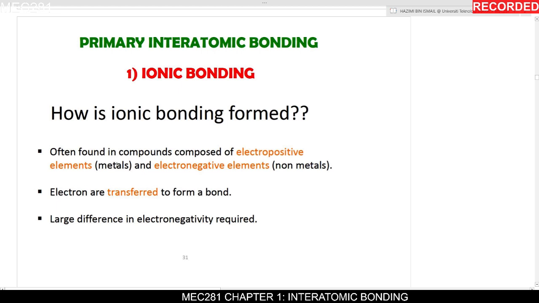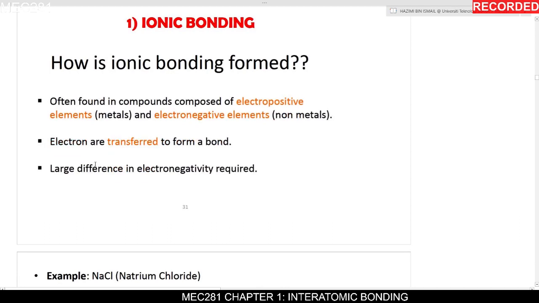The bond forms between the electropositive elements, commonly metals, and electronegative elements, mostly non-metals. Electronegative elements accept or receive the electrons from the electropositive. When you give something, there must be someone who receives it. The giver we call electropositive, and the receiver we call electronegative elements.